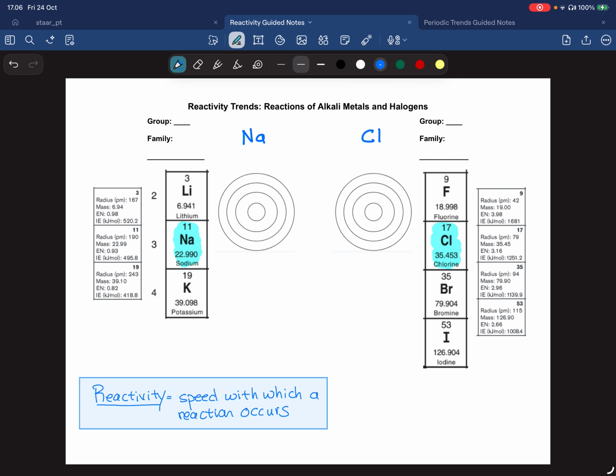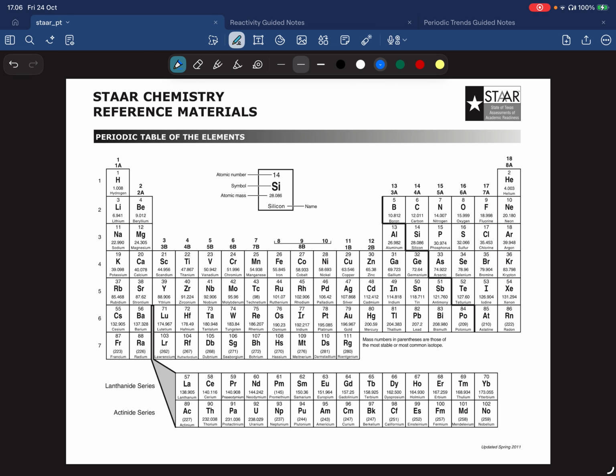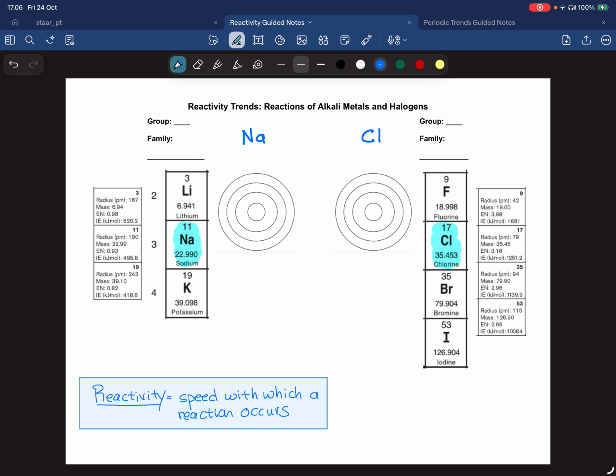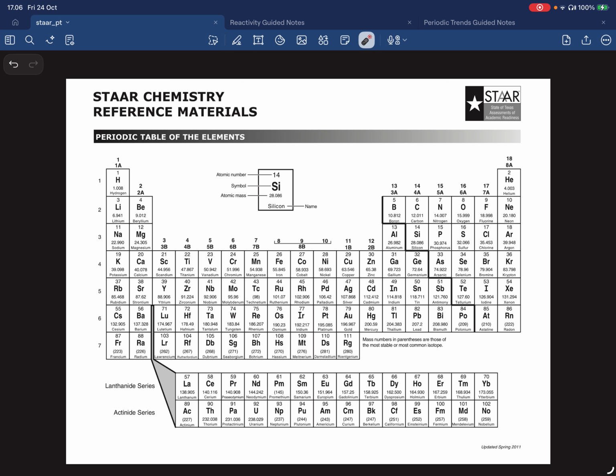So we find sodium on the periodic table. Sodium is over here, right? This is the dividing line between the metals and the nonmetals. So sodium is a metal that is in group 1, and group 1 is a family called the alkali metals. Chlorine is here.